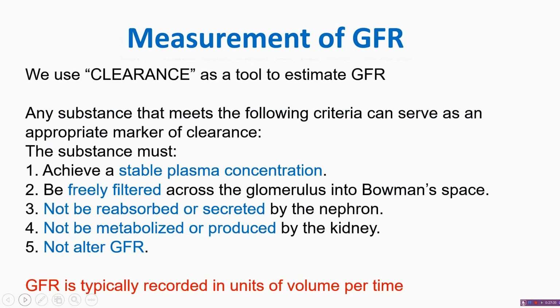We have seen that we measure GFR as clearance by the tool of clearance. Now, what are the properties of the substances that need to be taken into account? The substance should meet the following criteria. It should achieve a stable plasma concentration. It should be freely filtered. It is not reabsorbed, secreted, metabolized, or produced in the kidney, and it does not alter the GFR.